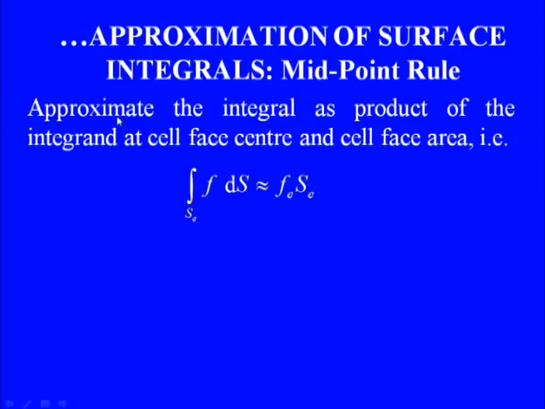We approximate the integral as the product of the integrand at the cell face center and the cell face area, that is, the integral of f dS over this face S_e can be approximated as the value of f at the center of this face, which we will denote by f_e, multiplied by the area of this face.